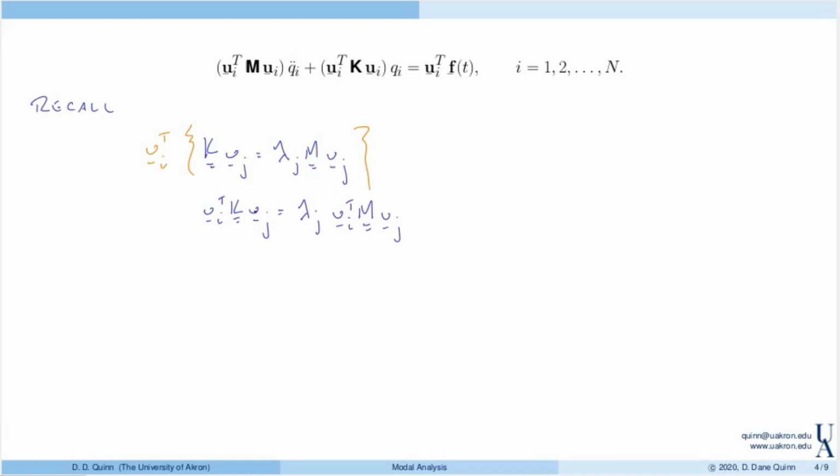Now, again, orthogonality, this is equal to 0 if i is not equal to j. But if i is equal to j, then these quantities are non-zero.